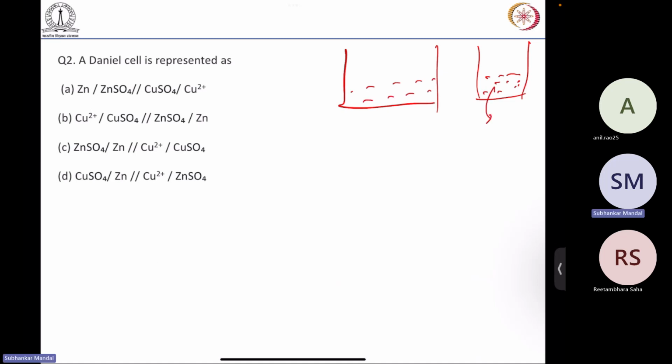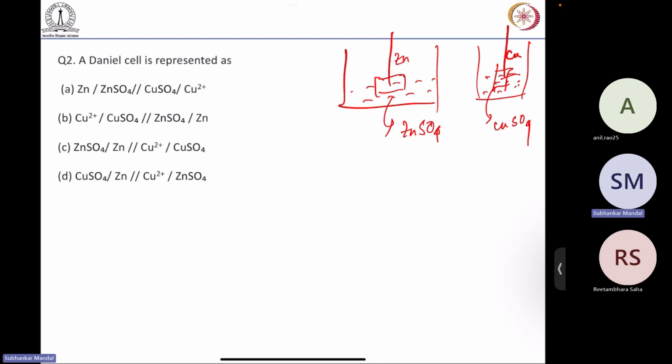One beaker contains copper sulfate and a copper plate is there. This is the copper plate. And another container contains zinc sulfate, and there is another plate that is zinc, right? So now how to represent the Daniell cell?